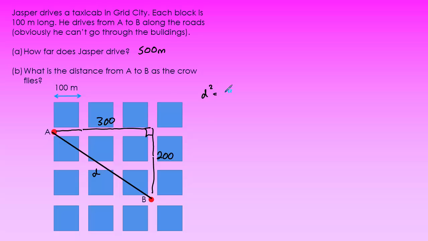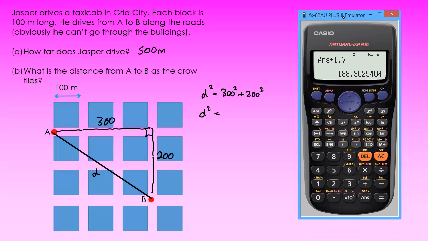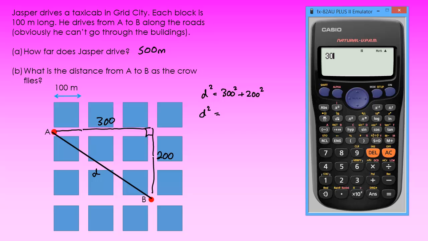So D squared is going to be 300 squared add 200 squared. So that's 130,000.